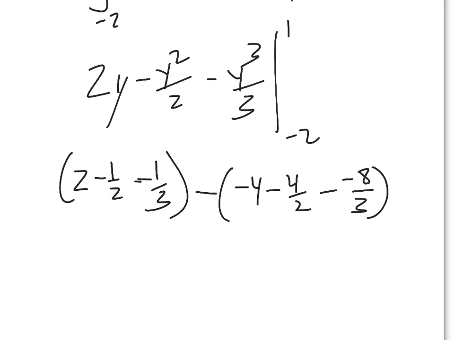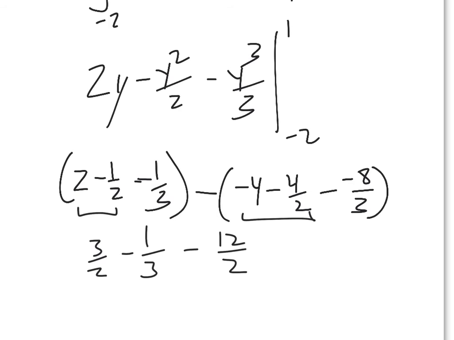Let's see what we can do here. So, this gives us, what do we got here? This is 4 halves. This is 3 halves. I'm going to leave that 1/3 alone for the moment. See what happens here. Minus, this is negative 8 halves minus 4 halves, so that's negative 12 halves, also known as negative 6, huh?